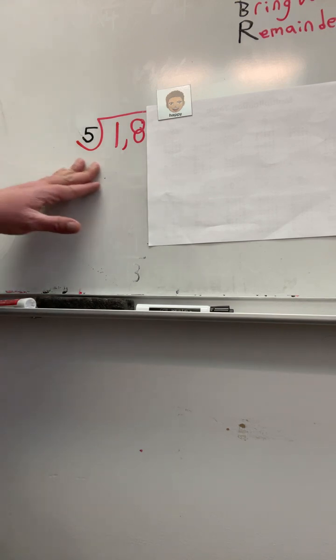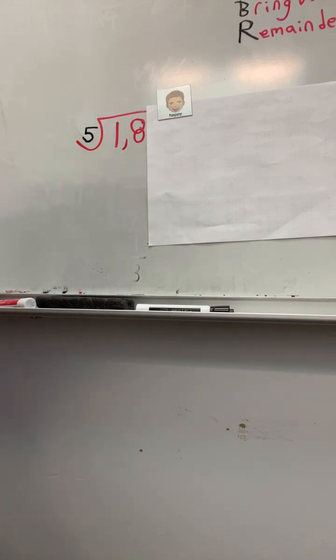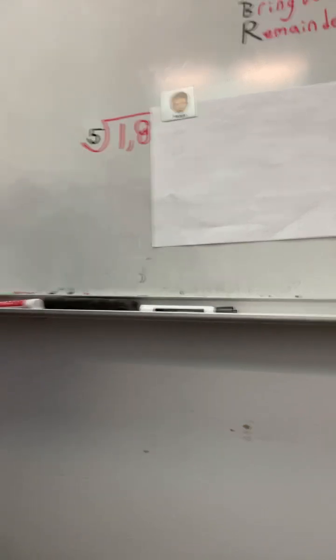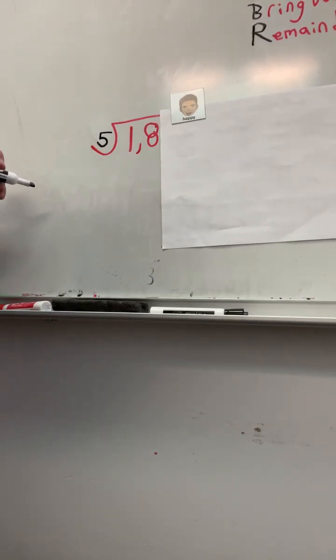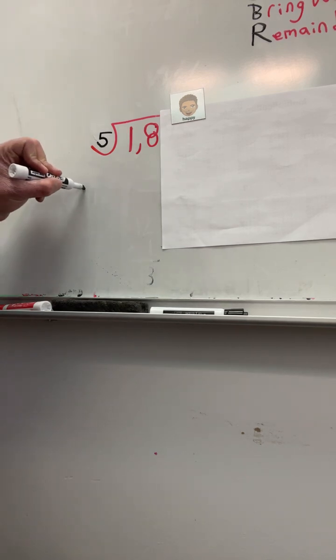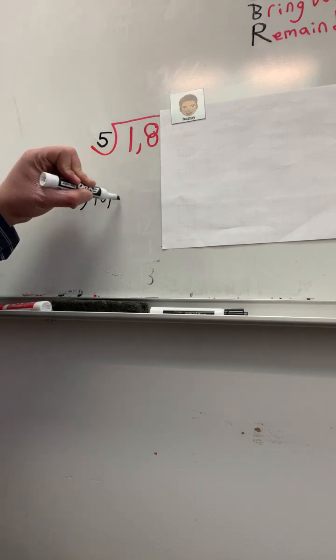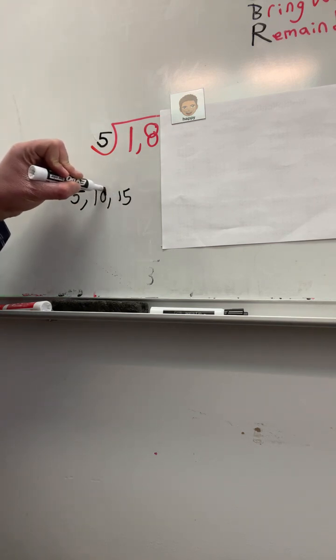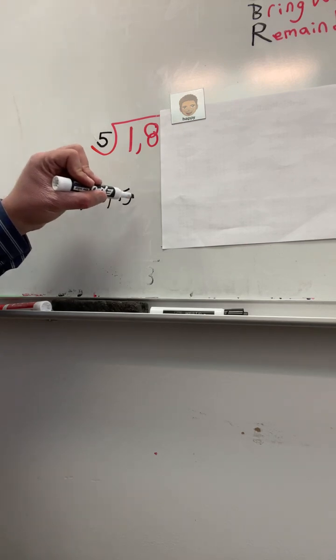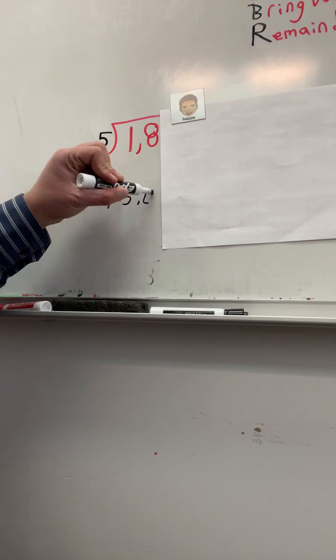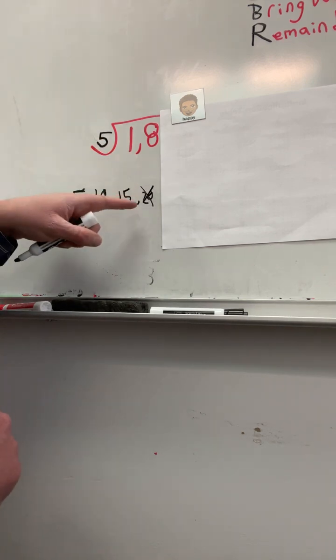So we got to figure out how many groups of 5 we can get into the number 18. So I'm going to count by 5s to do that. I'm going to figure out how many times I need to count by 5s to get to 18. 5, 10, 15. Now if I count by 5 again, I'll be too far because the next multiple of 5 would be 20, and 20's too far.